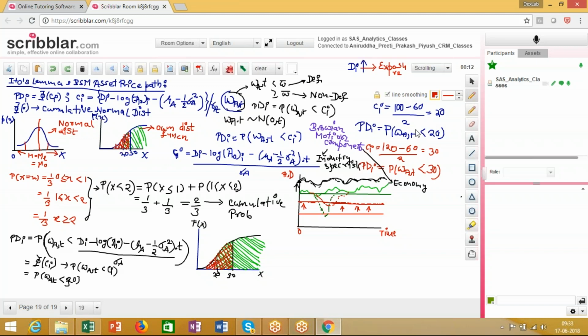So with an increase in the debt obligation, Ci increases. The moment Ci increases, the area under the cumulative curve will also increase, and hence, mathematically, the probability of default increases.